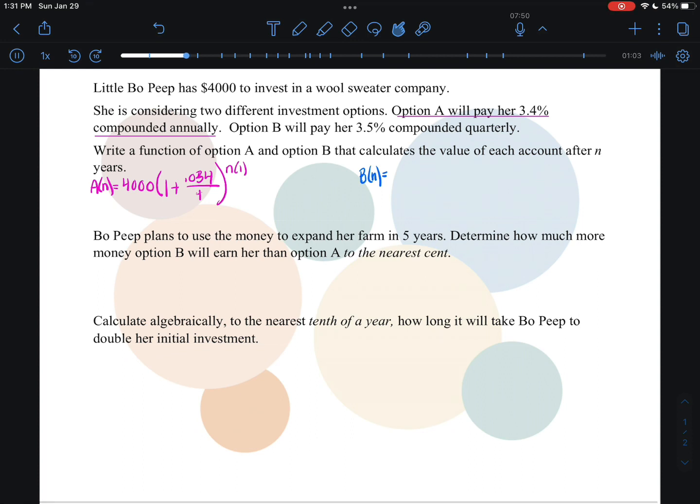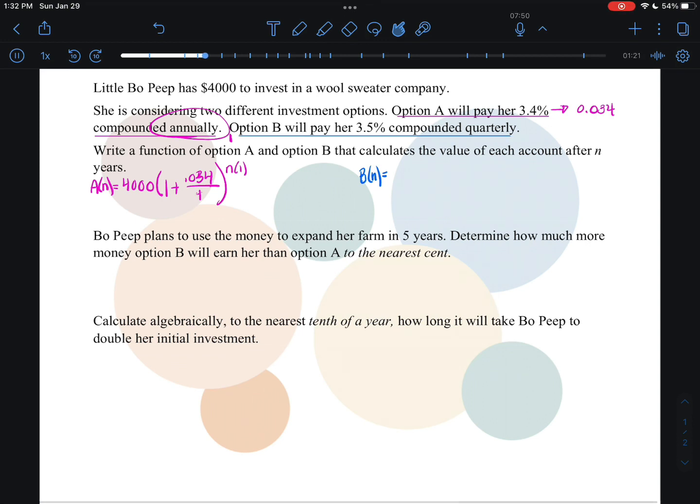I've got those values because 3.4% becomes 0.034 in decimal form. Annually means that it's going to be once a year. Next, I'm going to do option B. Option B will pay her 3.5% compounded quarterly.